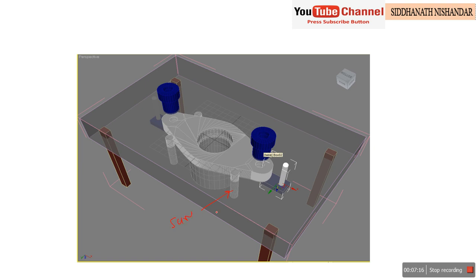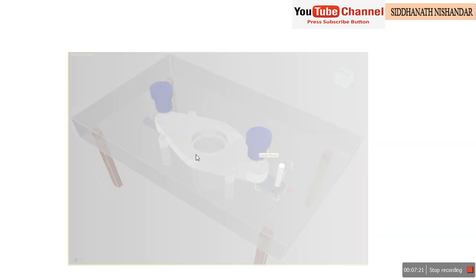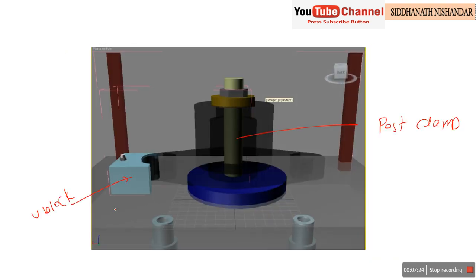Rather than surface locating pins, I utilize the shape of the component's curve, so as a reference, rather than 4 locating pins, I use just one V block. The worker can rest the component, and rather than a strap clamp, you use a post clamp with rest pad. So there are minimum components needed. I provide 2 solutions for the same numerical. We prefer the V block as the locator and the post clamp with a pad. We go through this solution also.